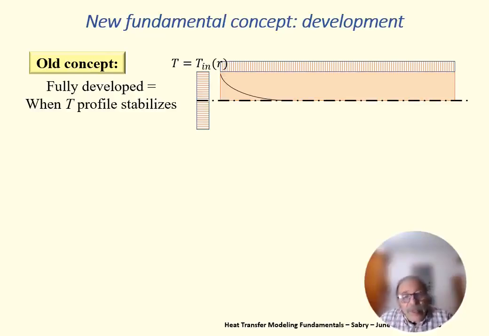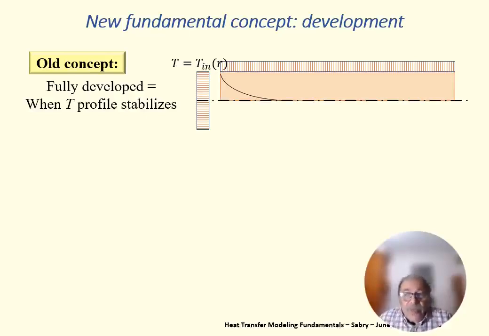Okay, this concept, I believe, may work if I have a uniform heat flux. But if I have a non-uniform boundary condition with a non-uniform heat flux or non-uniform temperature or whatever, how can I say what are the developing and developed regions?